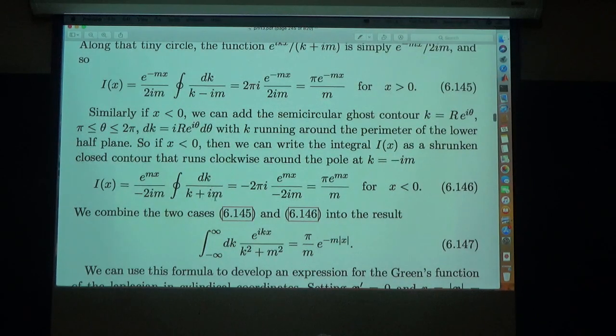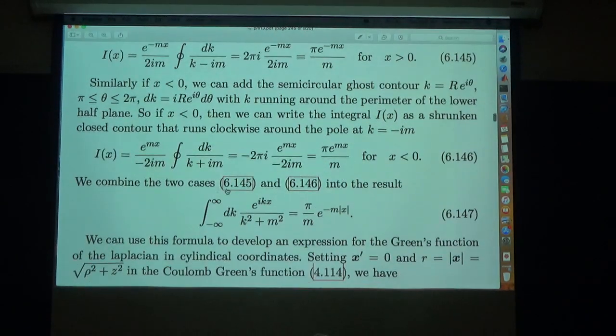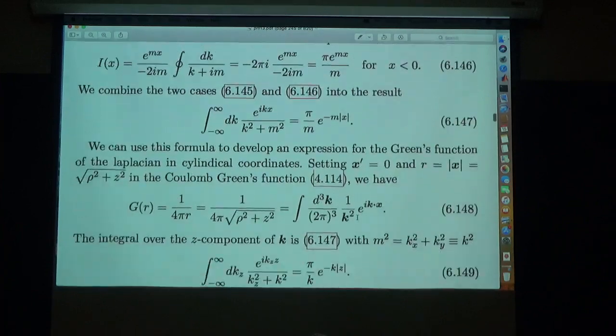We integrate around the pole at minus im, and so we get minus 2im here, we get e to the mx there, but remember x is negative, and so we get this expression. Combining the two, the answer is pi over m e to the minus m times the absolute value of x.